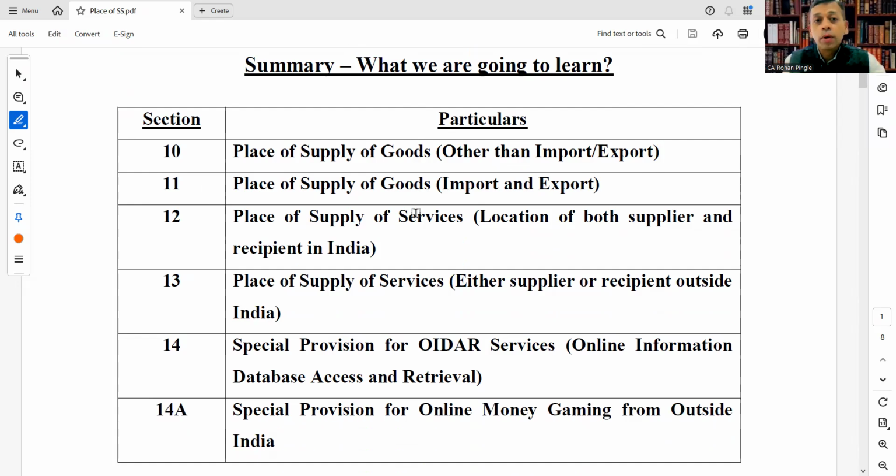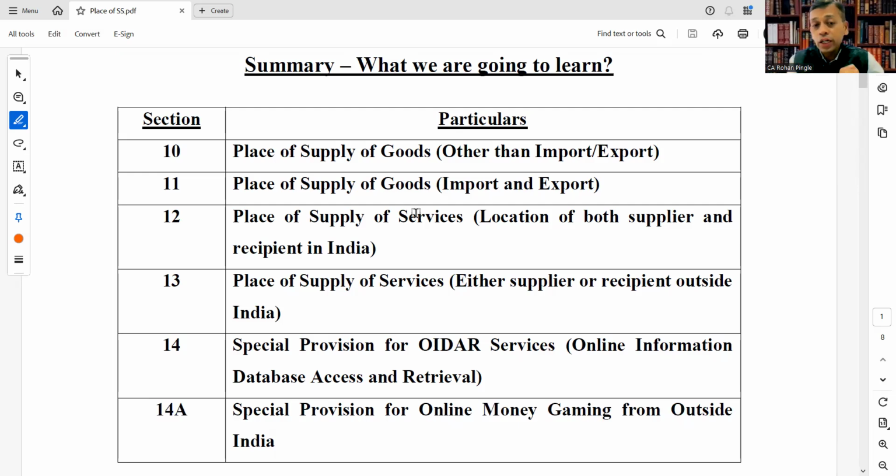Section 11 talks about place of supply of goods, import and export. Section 12 talks about place of services, location of both supplier and recipient in India. Section 13 talks about place of supply of services, either supplier or recipient outside India.